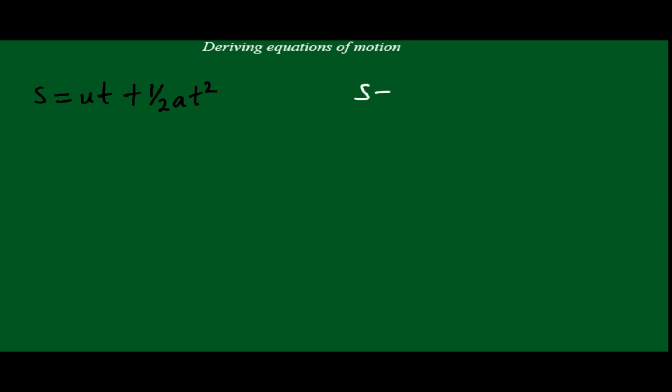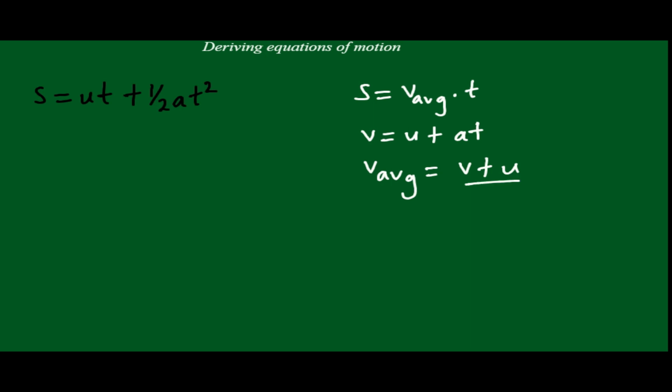Displacement is given by this formula: average velocity by time. But we have derived our first equation, which states that v is equal to u plus at. So what is average velocity? Average velocity is just the sum of the velocities over 2. That's the principle of averages; you need to know how to calculate average.